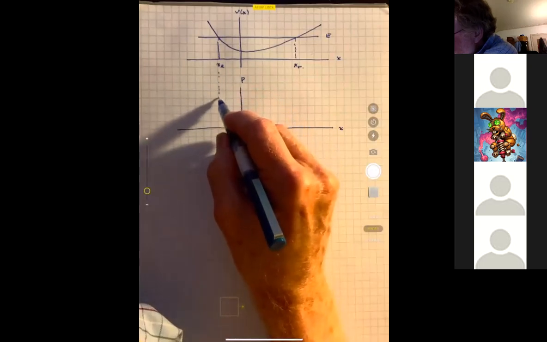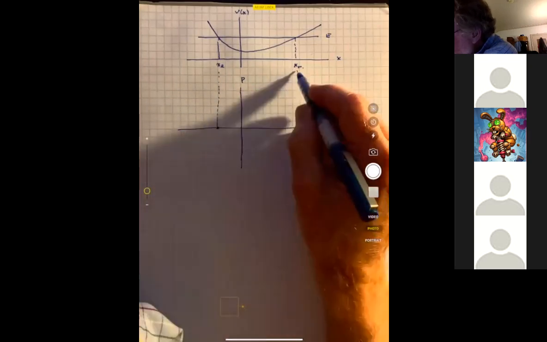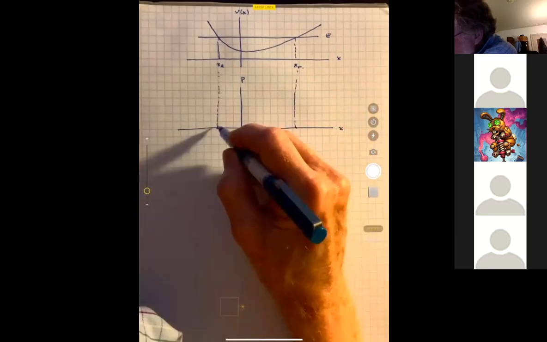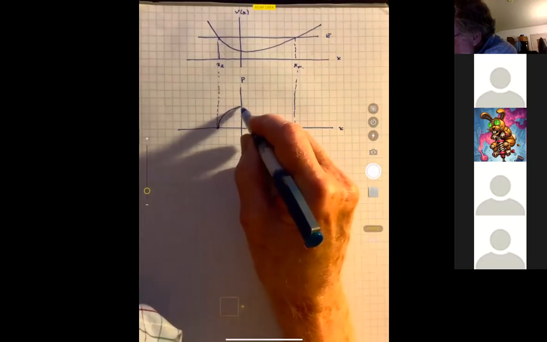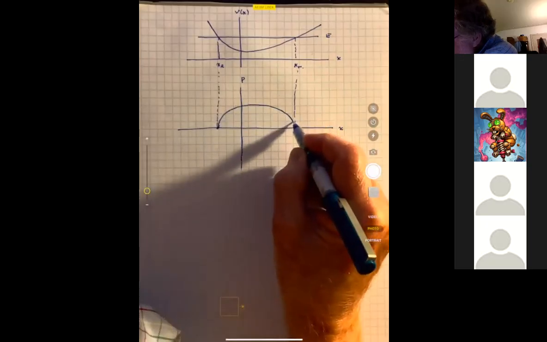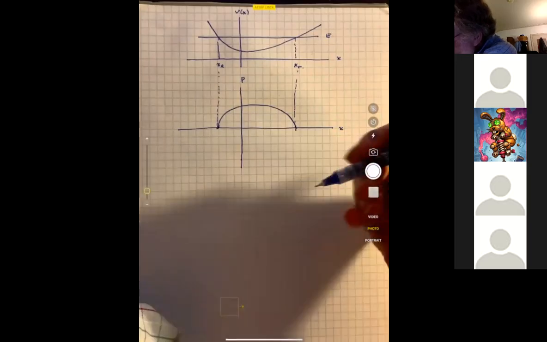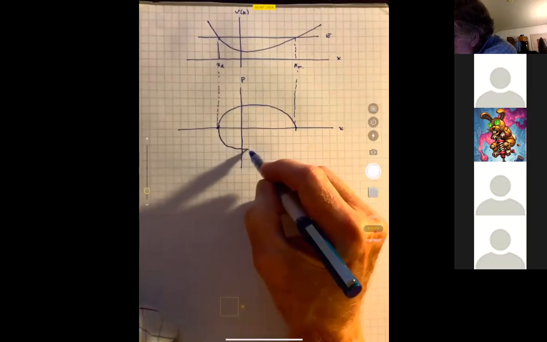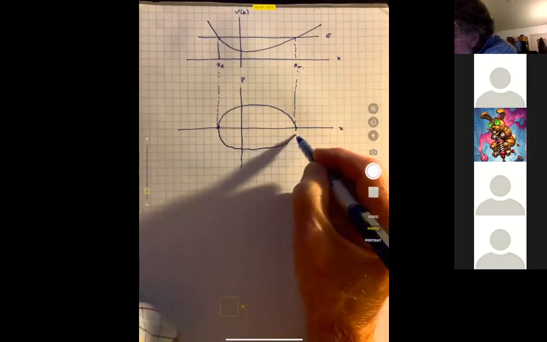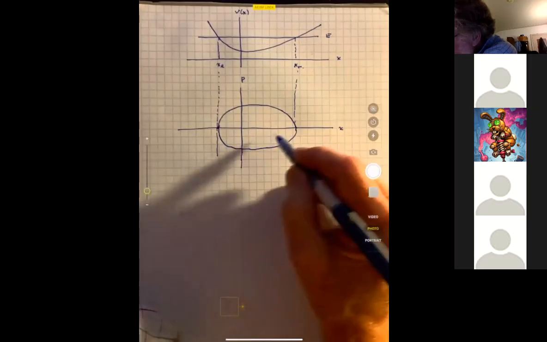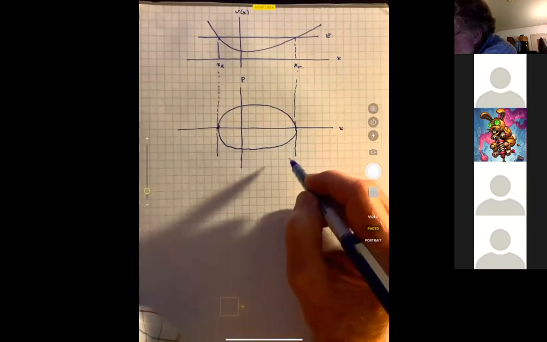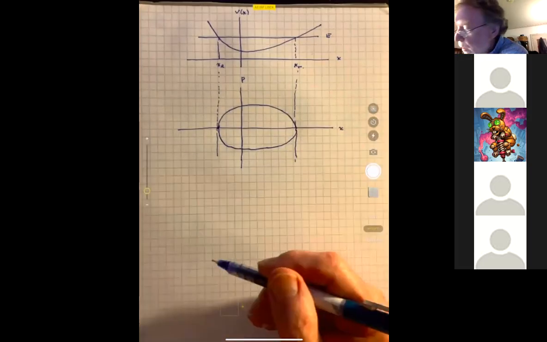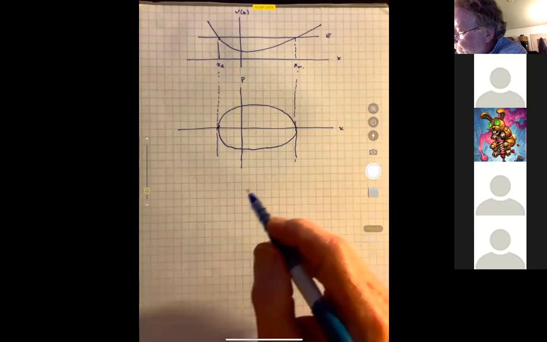If I bring down these left and right turning points under the phase space diagram, then the orbit in phase space is an oval shaped thing, which, depending on my artistic skills, might look something like this. It's symmetrical about the x-axis because the kinetic energy goes like p squared. So p goes to minus p, which basically just reflects the curve up and down.